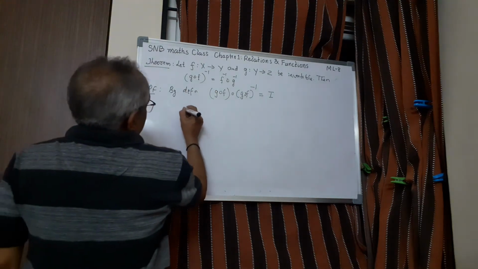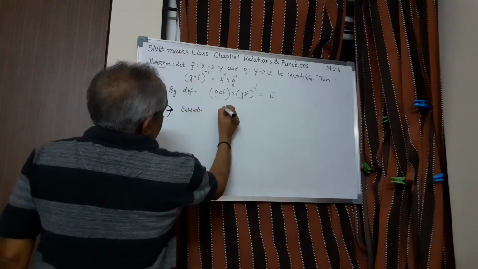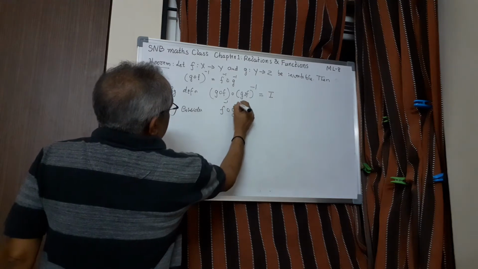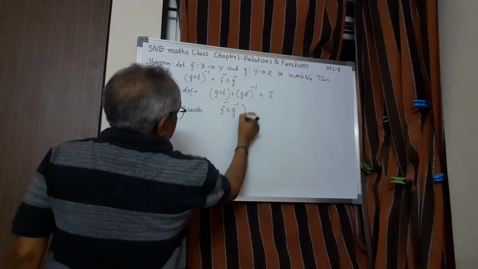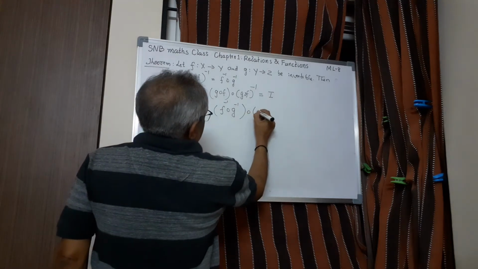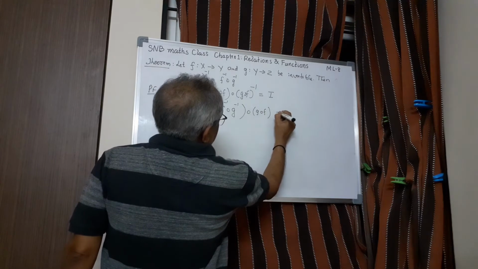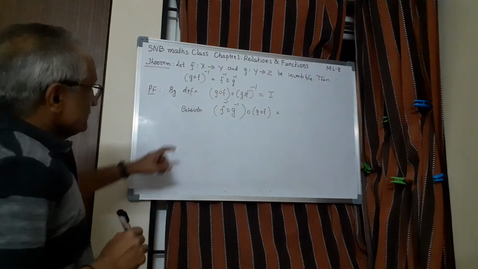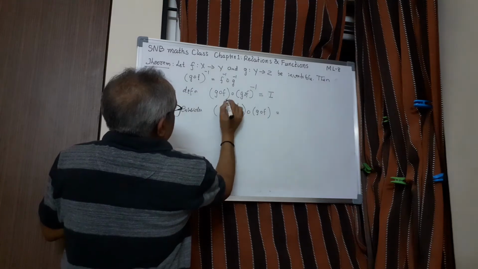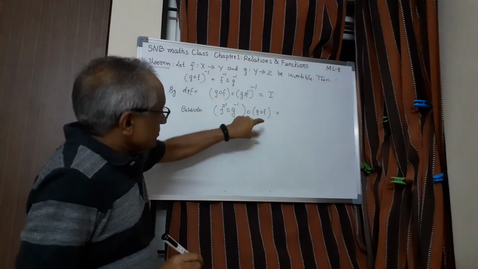Now consider this one, F inverse of G inverse of GOF. This equals F inverse of G inverse of GOF.